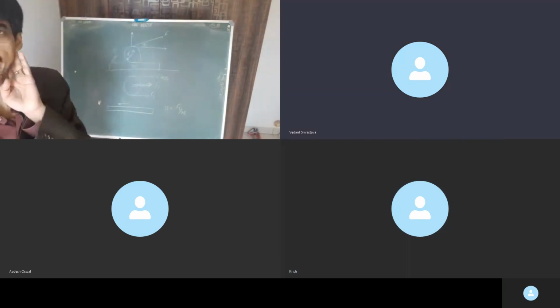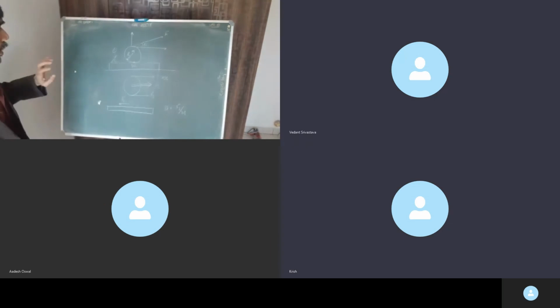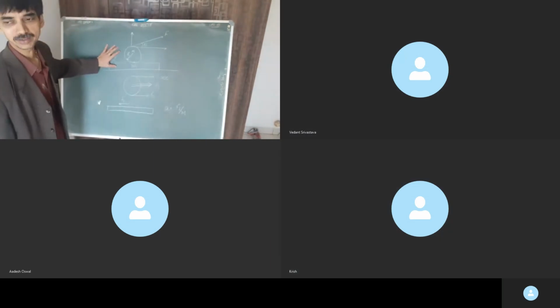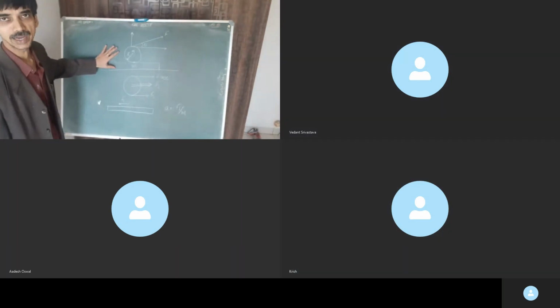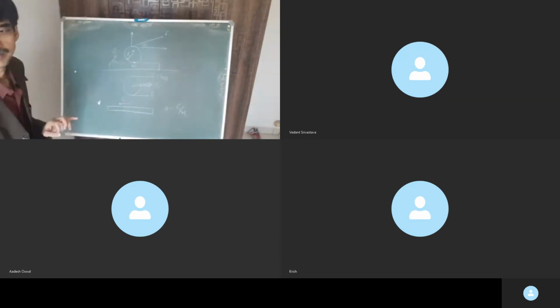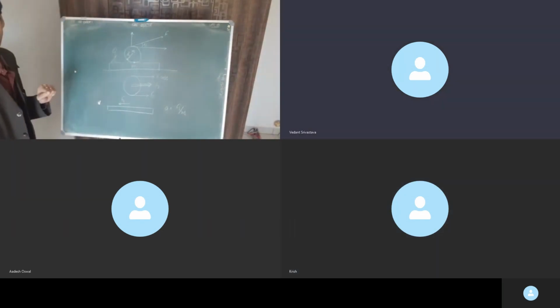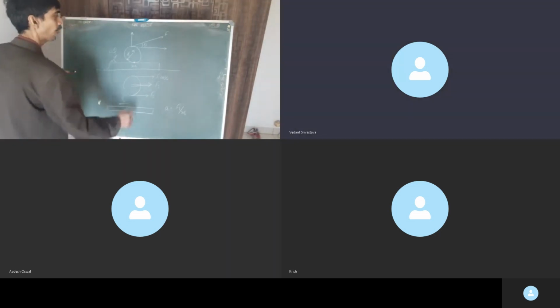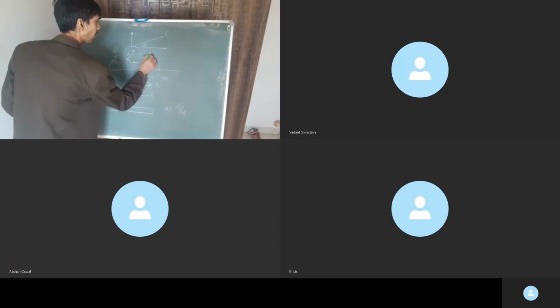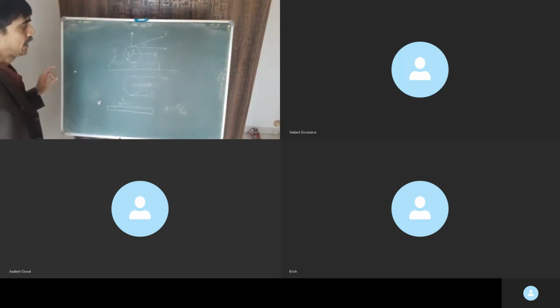One point I need to make very clear to all of you. If you are on the plank, then this point is at rest, correct? Okay. And if A is the acceleration of center of mass as seen from Earth, please be very careful, they can trick you.